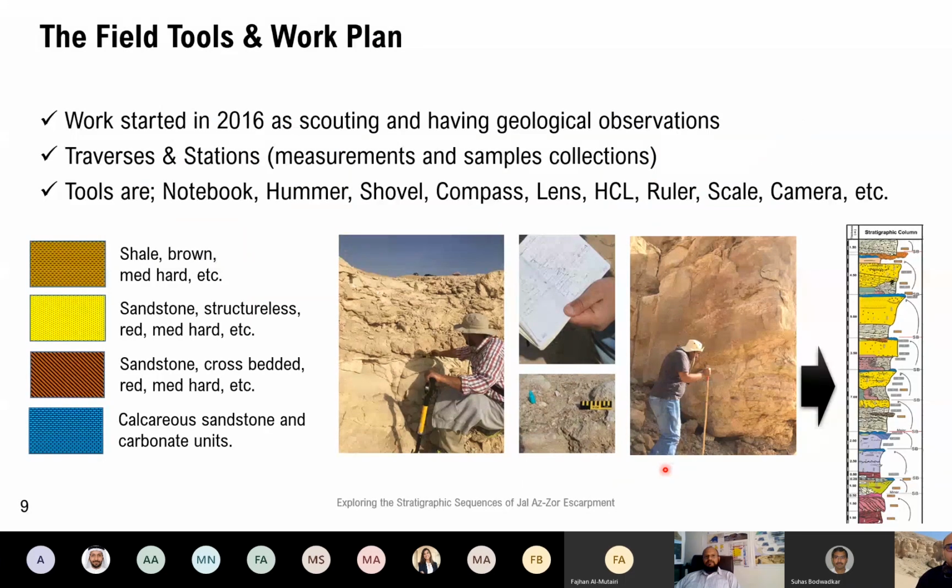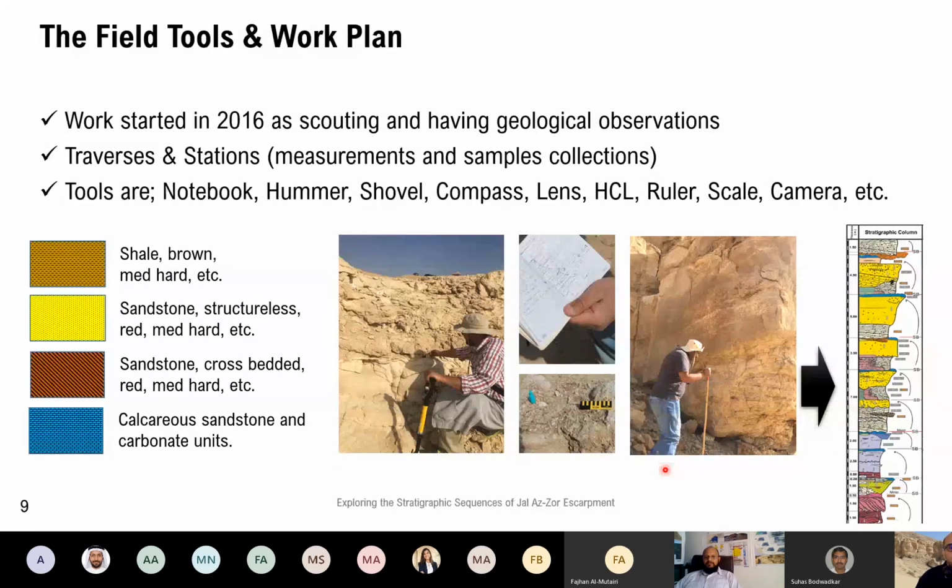When we go to the field, it means that we go and take measurements of stratigraphic sections and stations. The pictures show where we examined these sedimentary units and where we took our measurements.